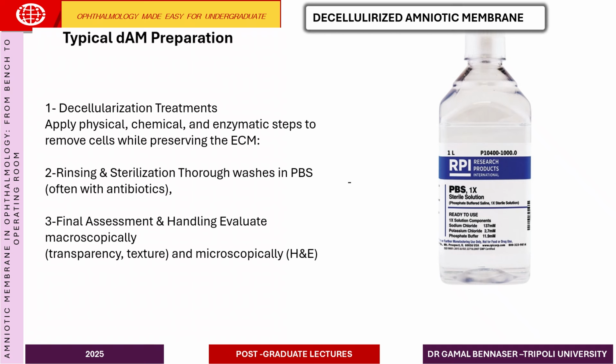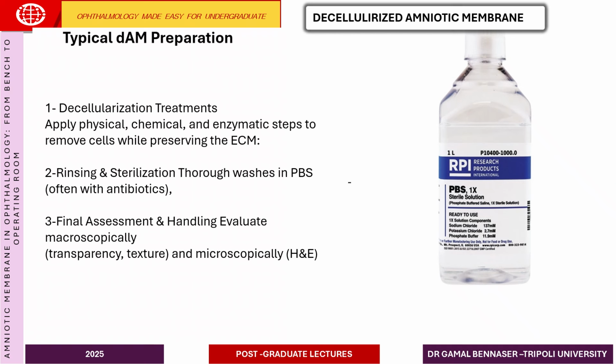So after applying the physical or chemical materials, we rinse and wash it with this PBS, and then we apply antibiotics followed by bacterial and viral deactivation via what's called lyophilization and gamma irradiation, so that we secure the sterility of this membrane, the removal of the cells, and the preservation of the extracellular matrix.